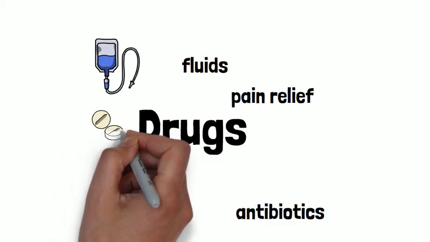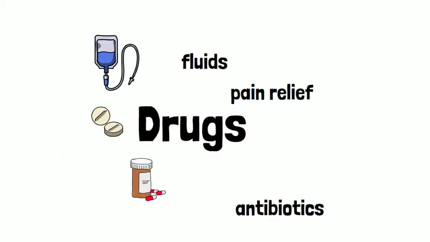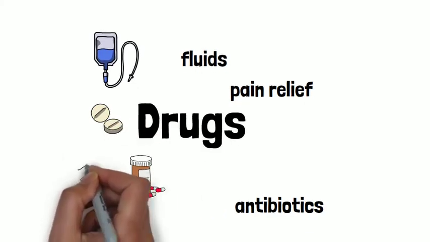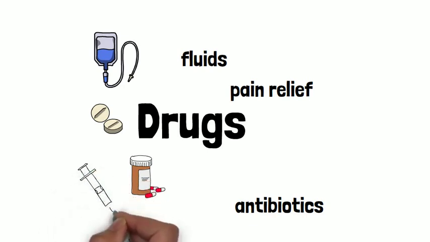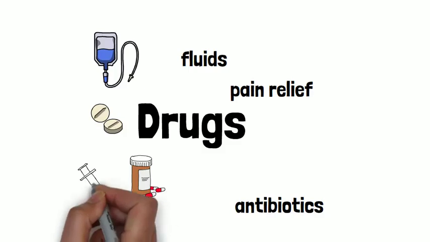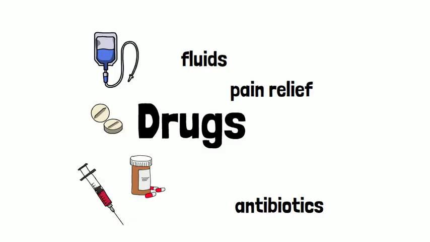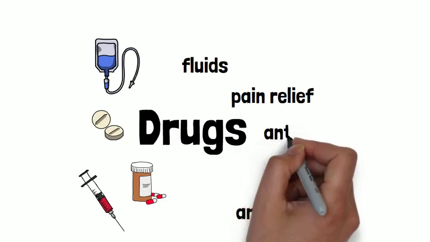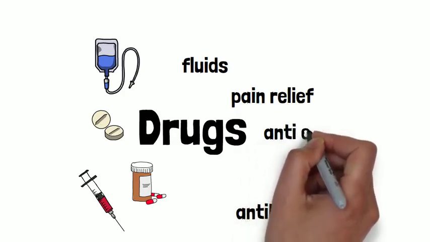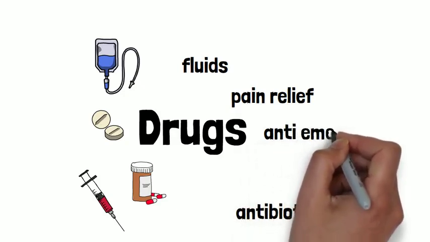Ensure the correct dose and route by which it is being provided. Antibiotics should be according to international guidelines and local patterns of drug sensitivity and resistance of bacteria. Other drugs given routinely may include antiemetics and antacids.